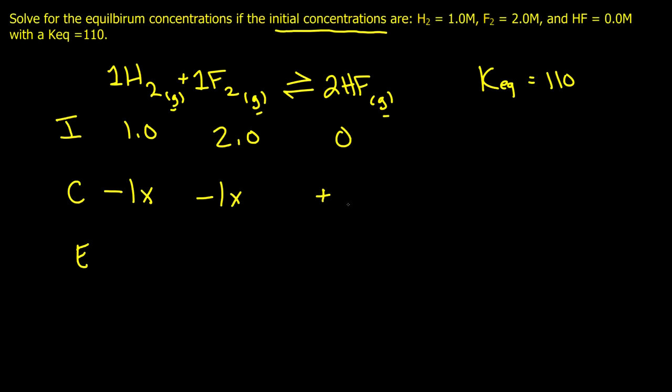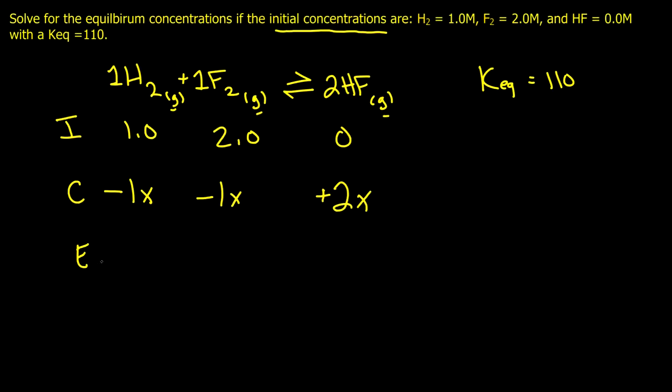It's going to be changed by its coefficient, which is a 2, so it's going to be changed by 2 times the amount. But what's the amount? We don't know. That's X. So reactants, again, are minus 1X. There's a 1 coefficient, X is always there. Fluorine's a reactant, it's minus. Coefficient's 1, X is always there. HF is a product, so it's plus. It has a 2, so there's a 2, X is always there.